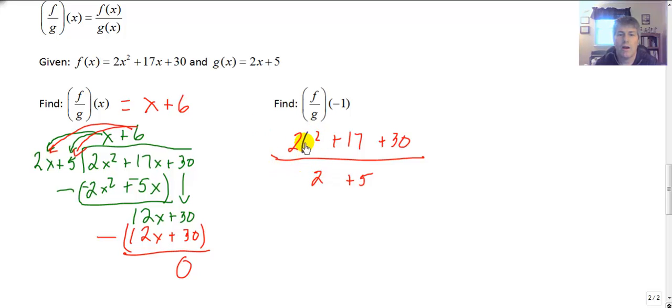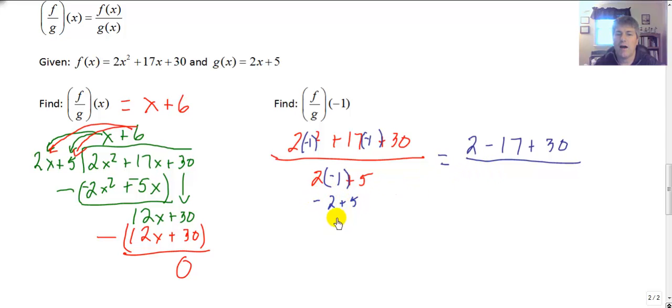So I have 2 times negative 1 squared plus 17 times negative 1, and figure out my answer. Negative 1 squared is 1 times 2, so that becomes 2 minus 17 plus 30 all over negative 2 plus 5, which is 3. So this becomes 32 minus 17 would be 15 over 3 is 5.